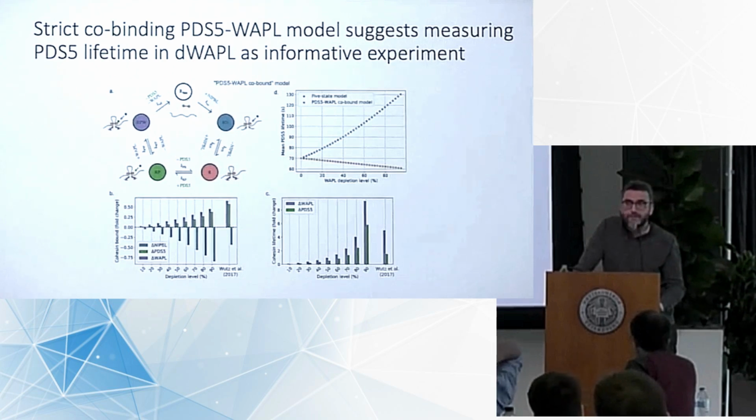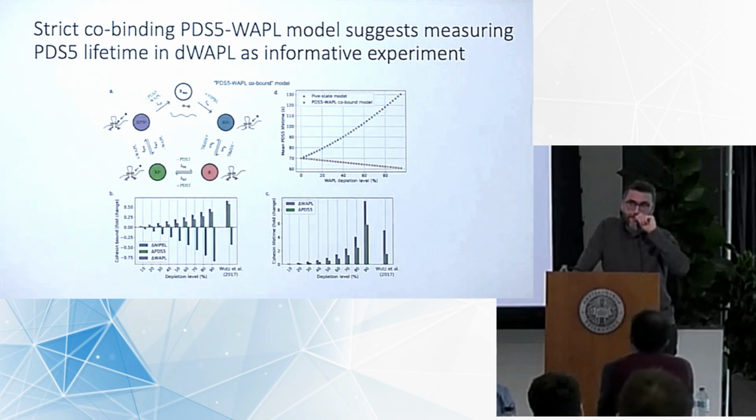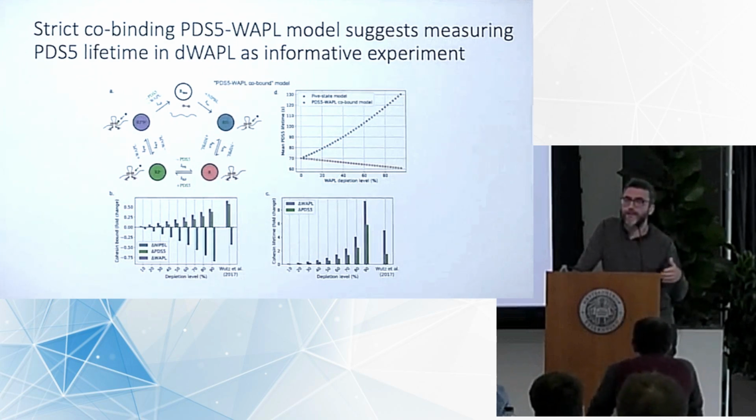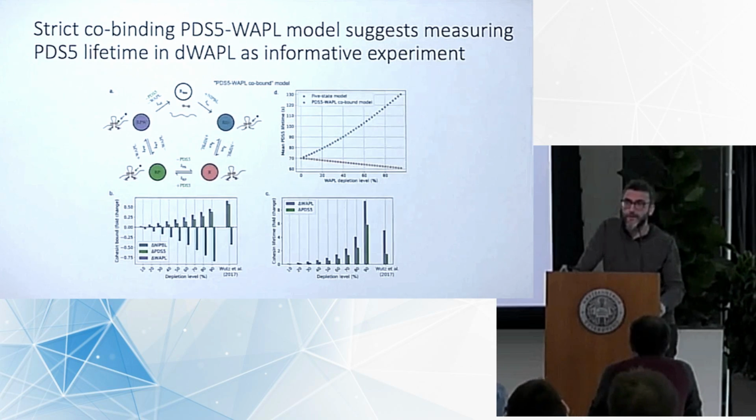I'm not sure if there's any direct evidence of that, but actually we realized you have to have that. It's kind of strictly required because otherwise, if you just multiply the abundances, you get a number that's not enough for the bound fraction of cohesin. So if you require that all these other guys are on chromatin when they're bound to RAD21, you need this bare state on chromatin as well, just by algebra.